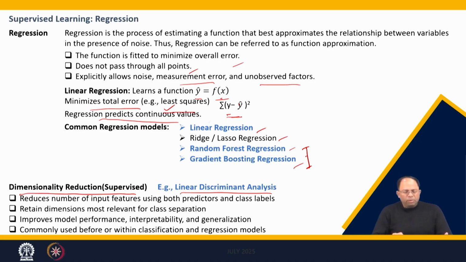It is commonly used before or within classification and regression models. So it is basically an intermediate step, but of course it can itself also predict. When we are doing LDA, we are actually testing different combinations to see which one is predicting better. But basically we do this before the actual regression is undertaken. Using this technique, I can reduce the number of features which will go into the main model.